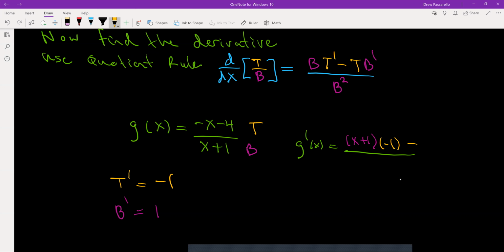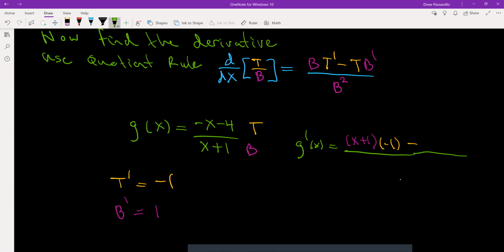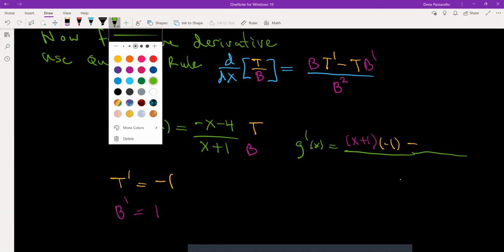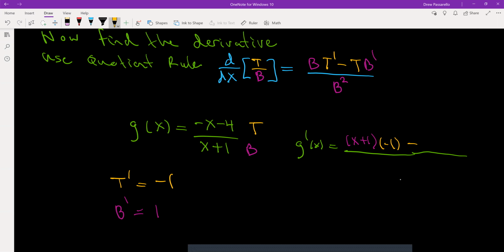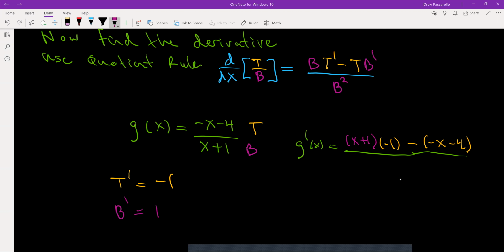Minus the top function times the derivative of the bottom function. So the top function is -x minus 4. Derivative of the bottom function is 1. All of that divided by the bottom function squared. So that's x plus 1 squared.